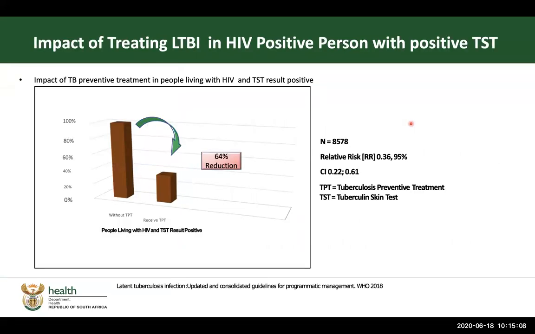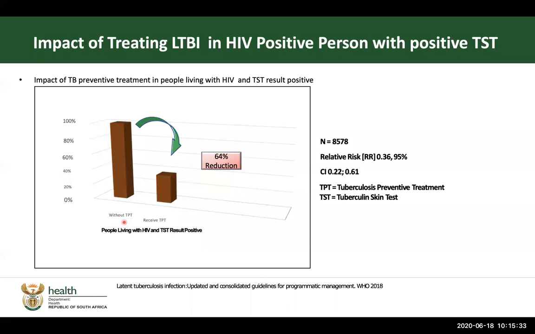So this is a graphical presentation from studies that were done involving over 8,000 patients, and we are looking at the relative risk. So what is the risk of developing TB, for patients who are given TB preventative therapy, as an example, versus those who are not given TB preventative therapy.